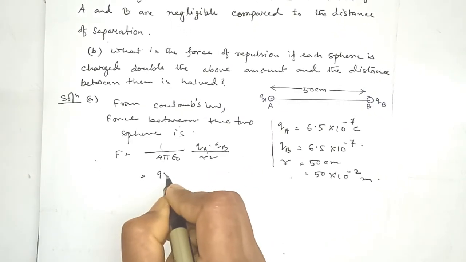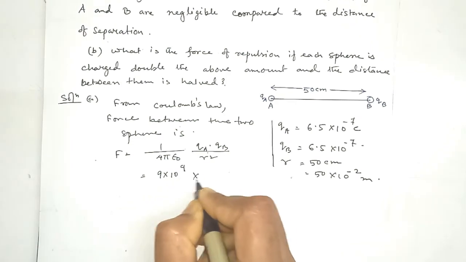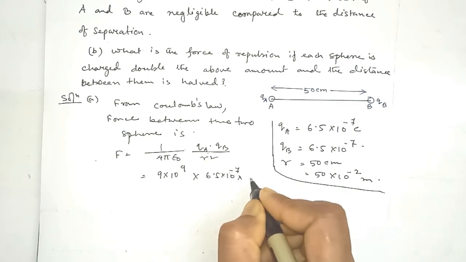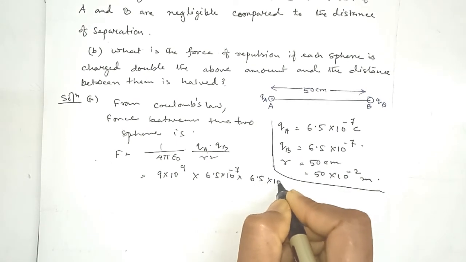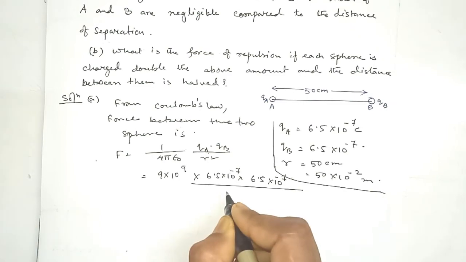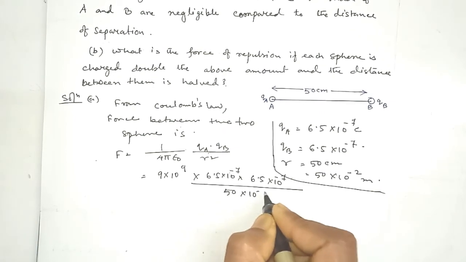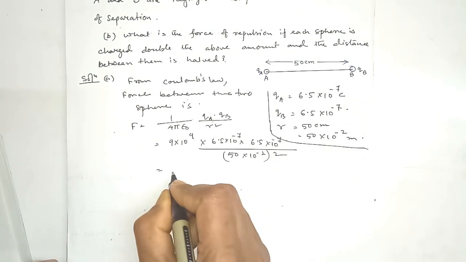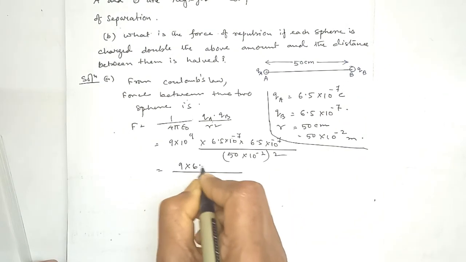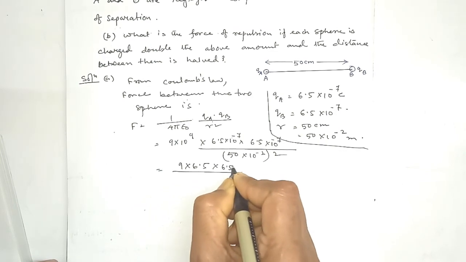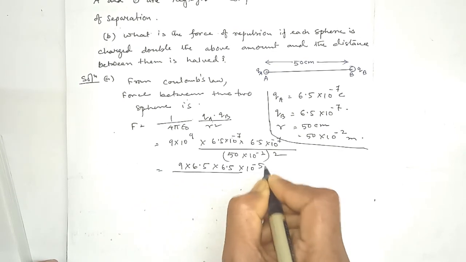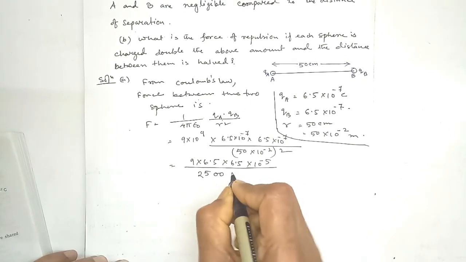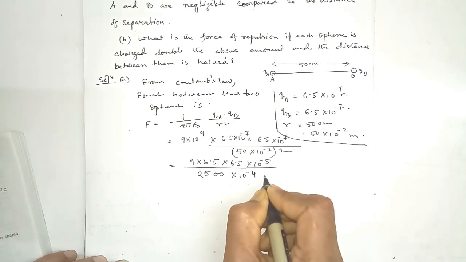So that is 9 into 10 to the power 9 into 6.5 into 10 to the power minus 7 into 6.5 into 10 to the power minus 7 by 50 into 10 to the power minus 2 whole square, which can be written as 9 into 6.5 into 6.5 into 10 to the power minus 5 divided by 2500 into 10 to the power minus 4.